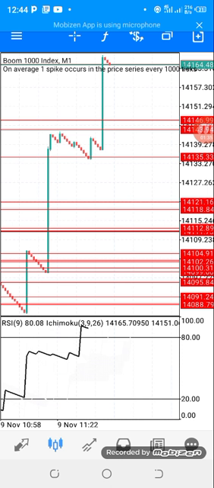And the hours you need daily to trade the system, just give yourself 2 hours. Dedicate 100% of 2 hours to the system to scan for valid signals on all the pairs: Boom 500, Boom 1000, Crash 500, Crash 1000.